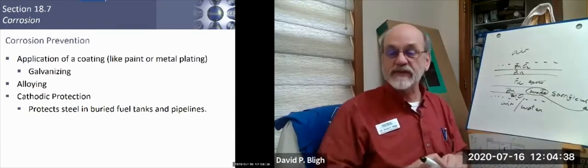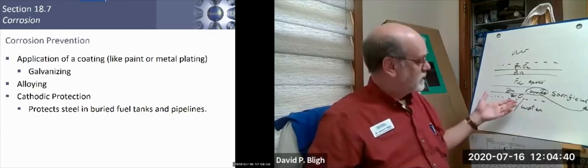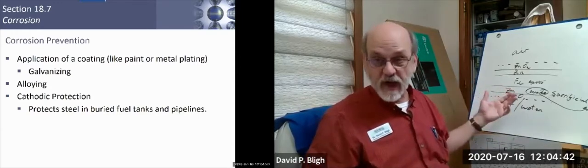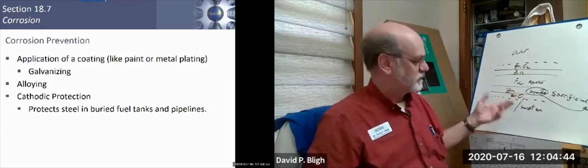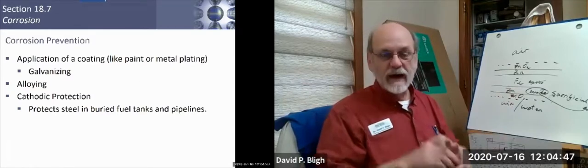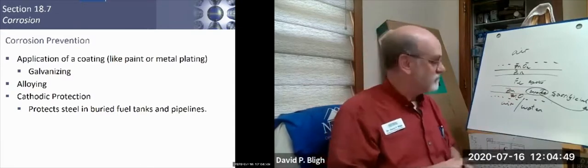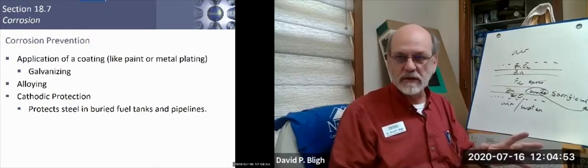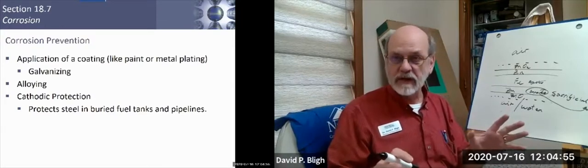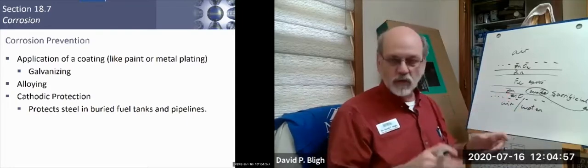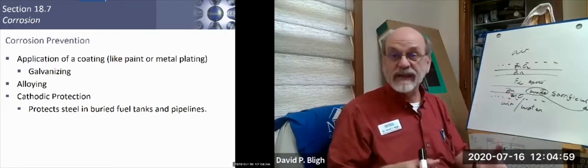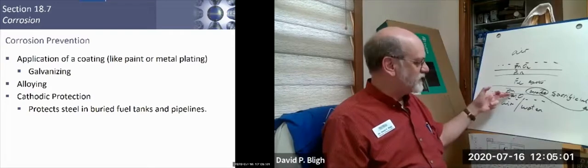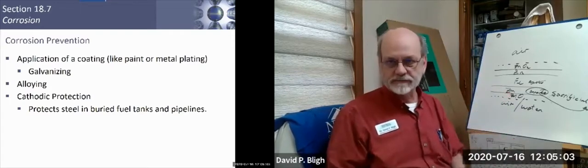And what happens is the zinc sacrifices itself to save the hull of the ship. Now, if the ship is sitting in the water and there's no power in the ship, then that zinc will eventually be depleted, because over time this zinc oxide will flake off.